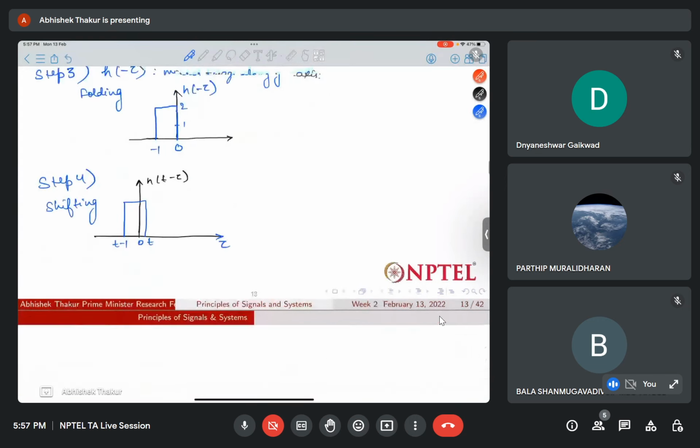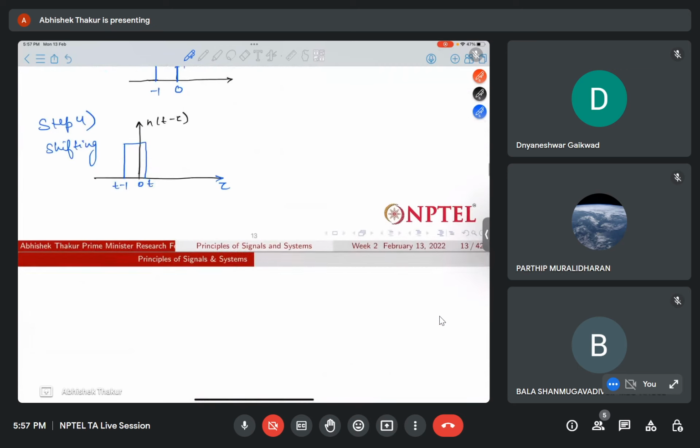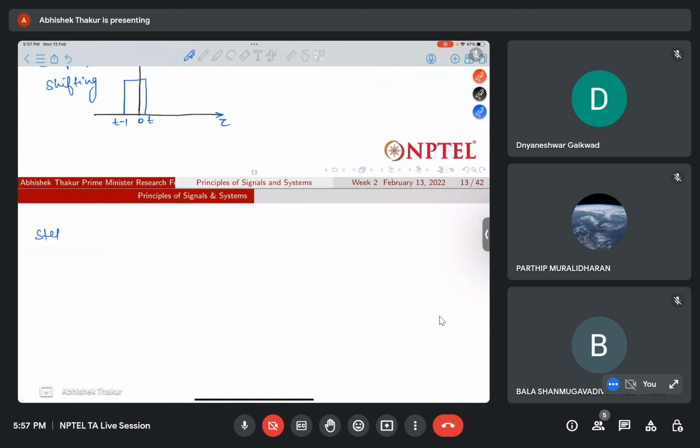Now we have to multiply x tau into h t minus tau. So step 5 is multiplication.